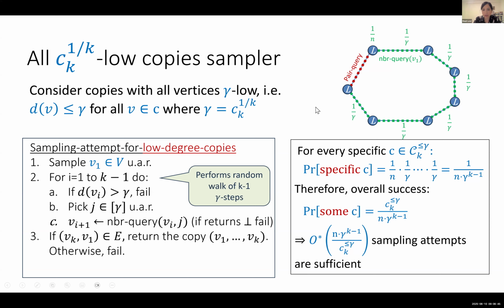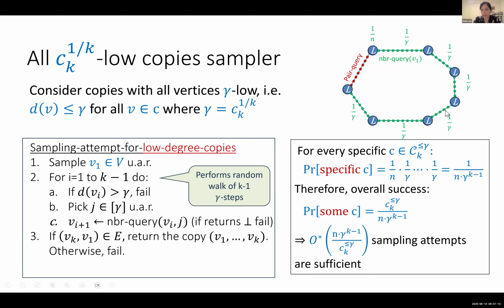So now let's see what is the probability to sample a specific copy, which is a low copy, from the graph. The probability is to hit this vertex, which happens with probability 1 over n, and then to guess correctly each one of the indices along the path.